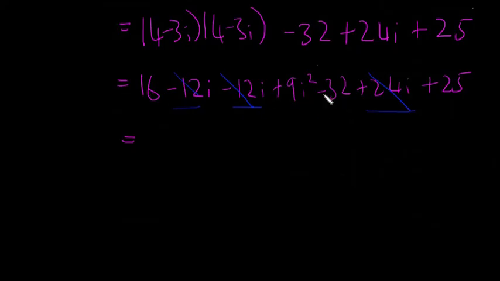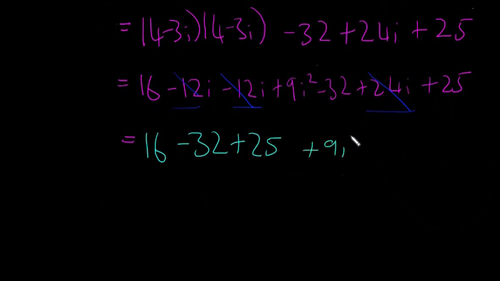Then the real parts: 16 minus 32 plus 25. 16 minus 32 is minus 16, and then plus 25 gives us plus 9. I'll write them all out just to make sure: 16 minus 32 plus 25 and then plus 9i squared.